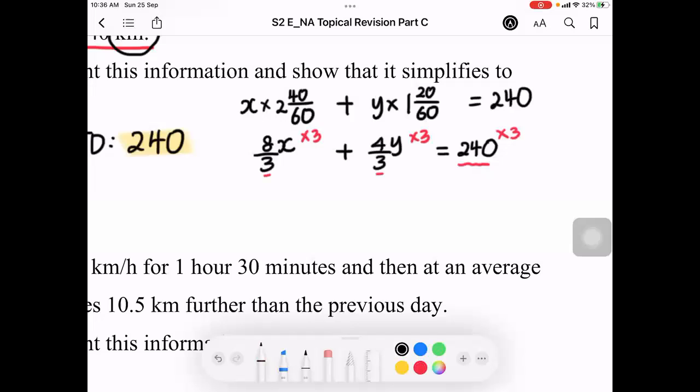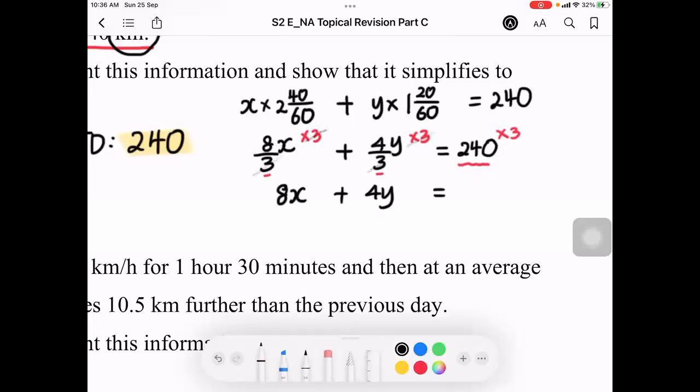When we multiply by 3, I get rid of the denominator. This and this cancel. Left with 8x plus 4y equals 240 times 3.